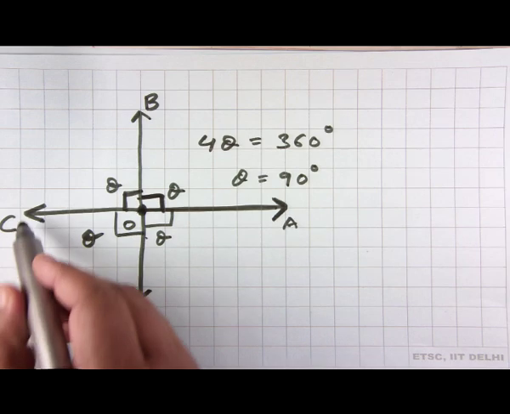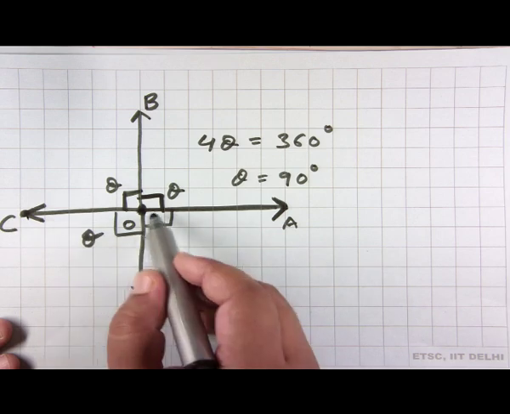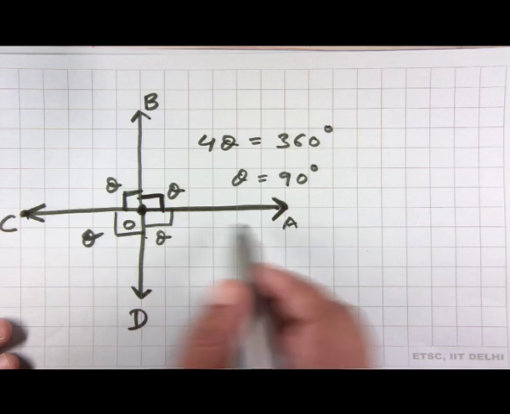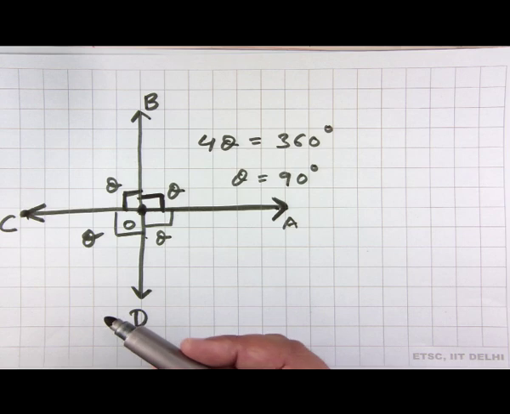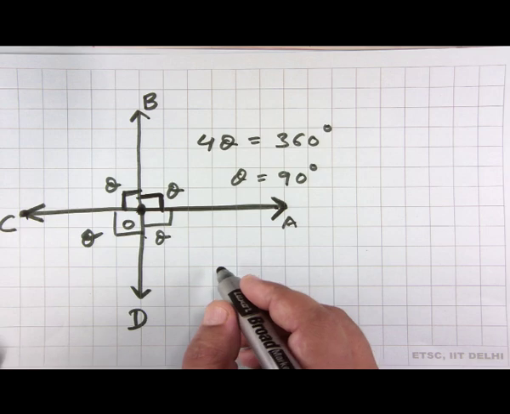So, essentially this COA is a straight line and the angle of rotation is this 90 plus this 90, and that is 180 degrees. So, that is why we usually say that a straight line is 180 degrees.